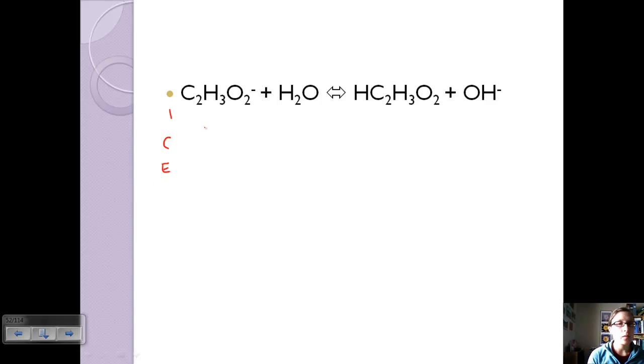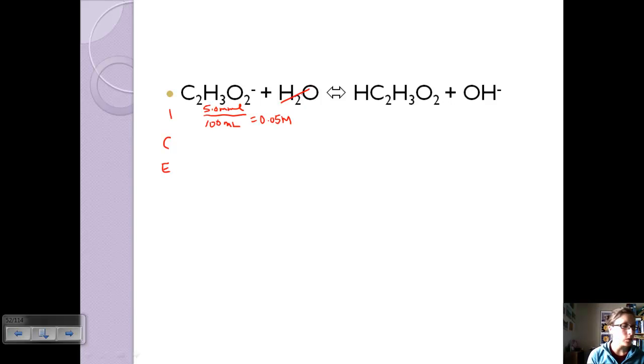And so we know that we have 5 millimoles of our acetate, but this time we have 50 milliliters of the acetate and 50 milliliters of the base, and so that gives us 100 milliliters. And so that gives us 0.05 molar.